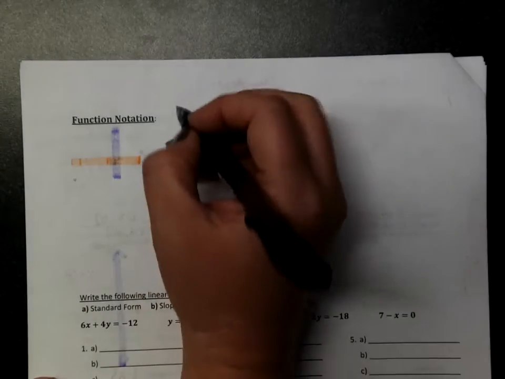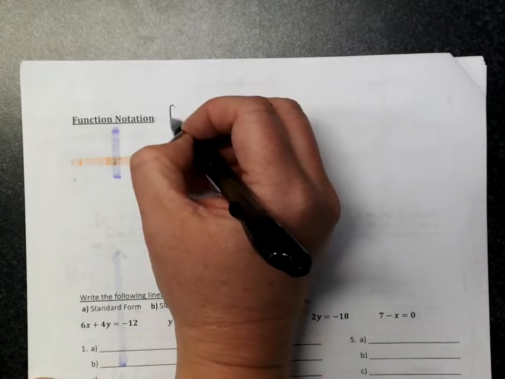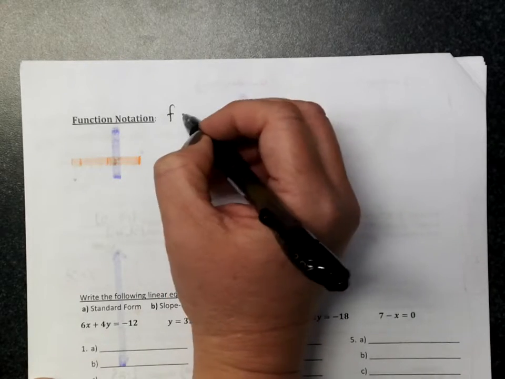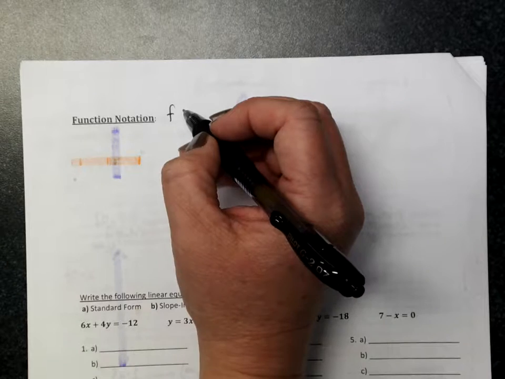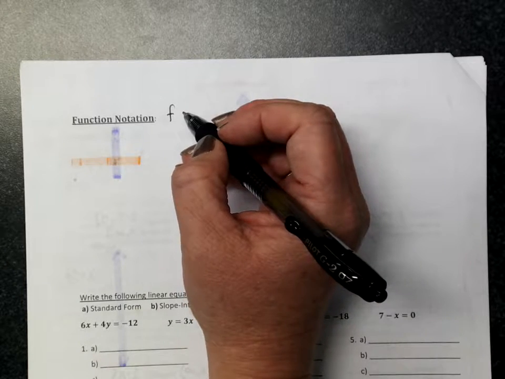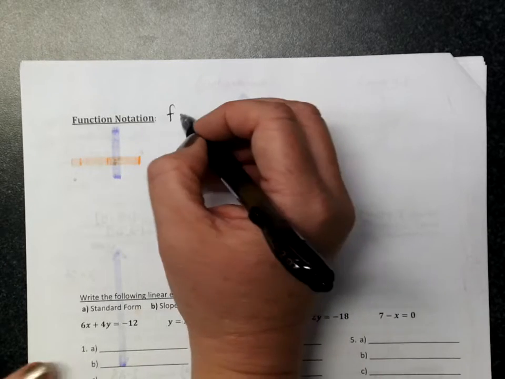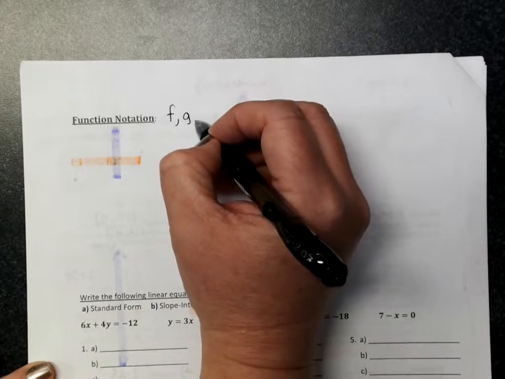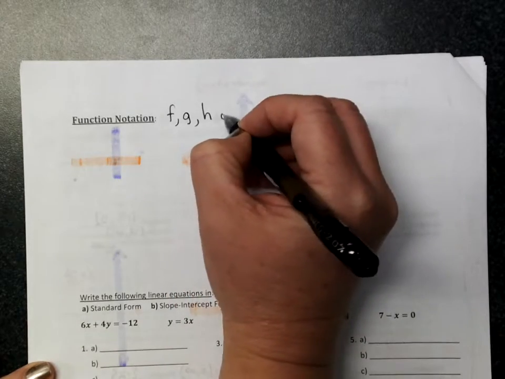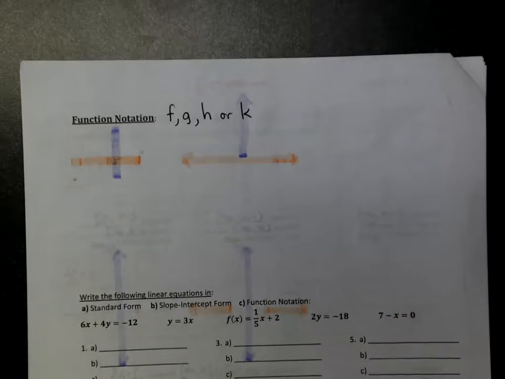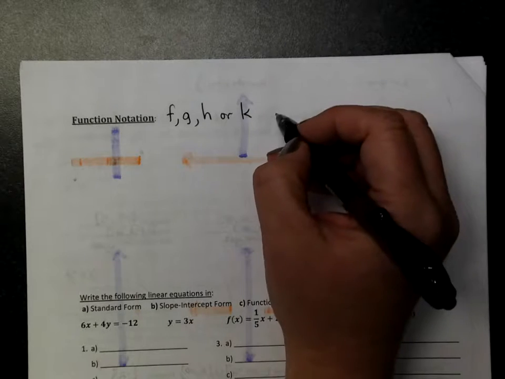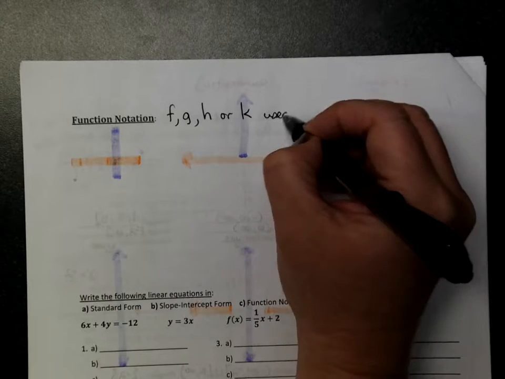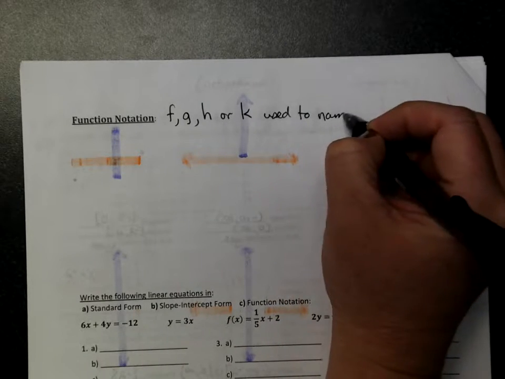F is the most common letter, but if you're working with multiple functions, or in a real-world problem, some people like to use the letter that goes with the word problem. Common ones are F, G, H, or K. Other letters might be used depending on the context.